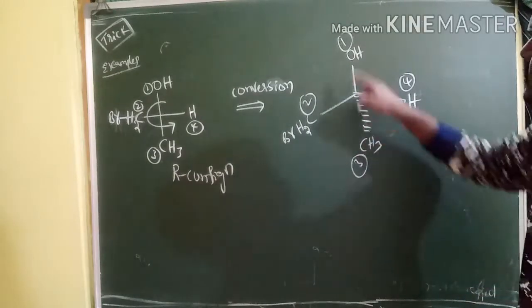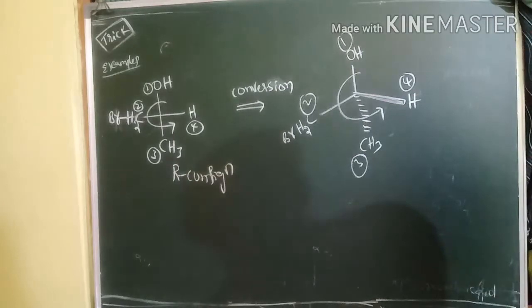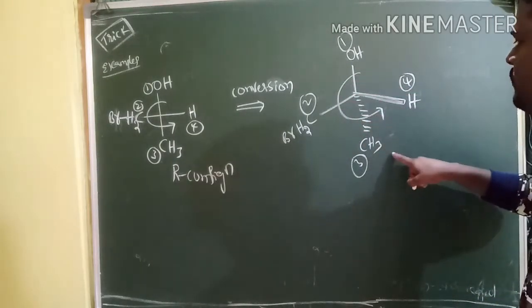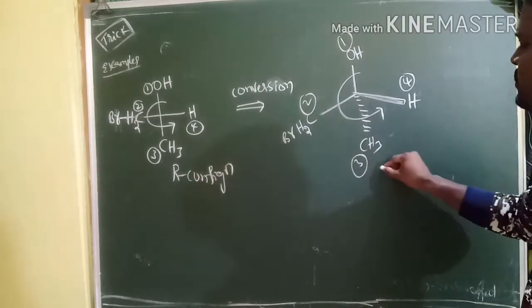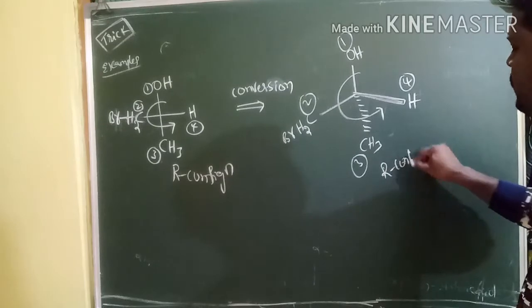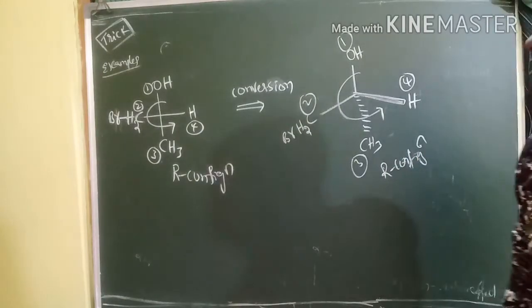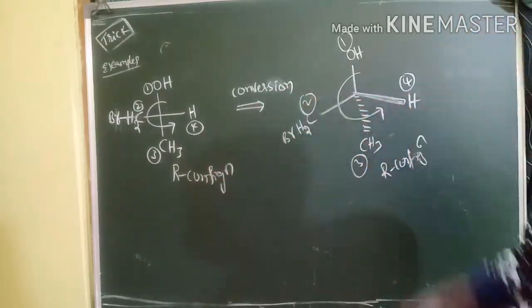What are the directions? 1 to 2, 2 to 3. So this is the direction for this one. It is anti-clockwise direction. So S configuration, but your hydrogen is not present on broken wedge. Take opposite configuration, R configuration. So this is the way to convert Fischer to Wedge-dash.